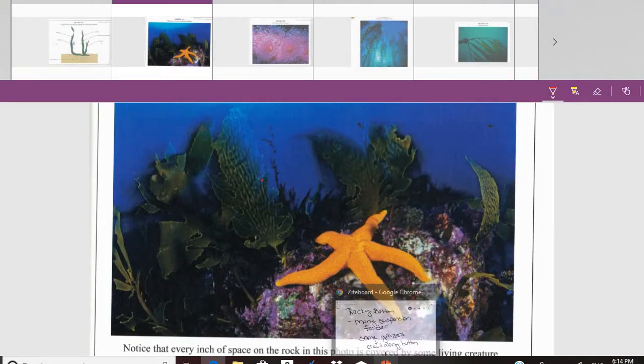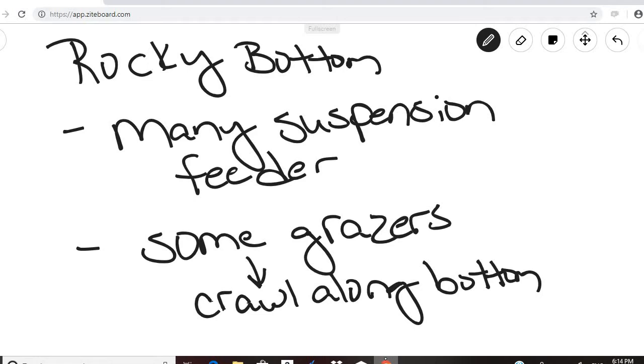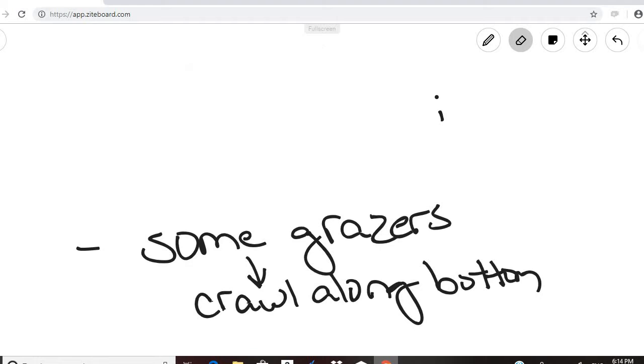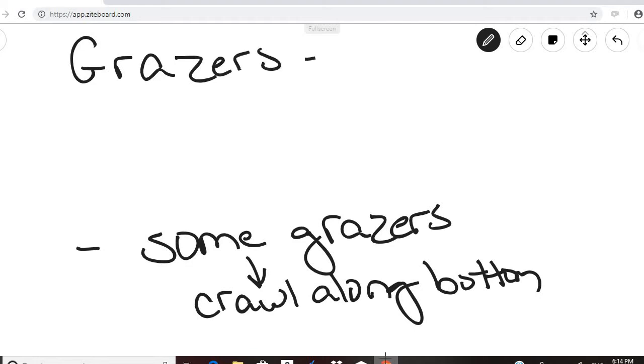The organisms that eat the seaweed are primarily grazers. Grazers will eat the seaweed, and then you'll get carnivores that will come along and eat the grazers.